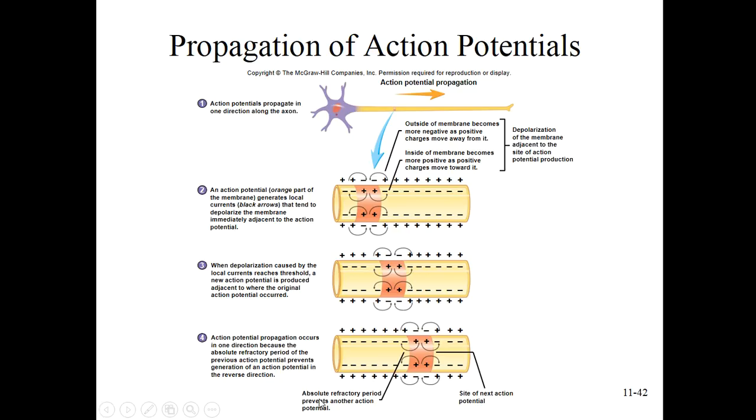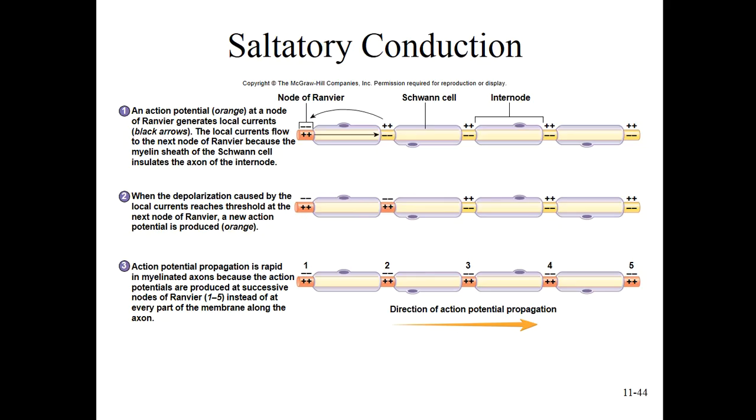And this is why. The absolute refractory period prevents another action potential. And so as it moves from left to right, the wave of depolarization, shown in orange, is always followed by a wave of hyperpolarization, the absolute refractory period. So the signal will always and only go in that direction.